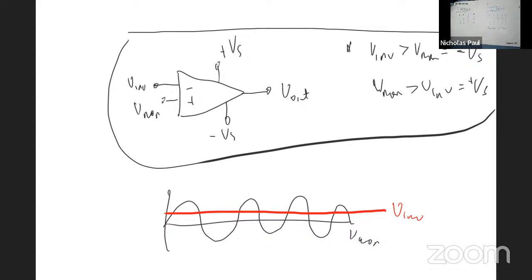This is the most important thing. INV means inverting here, and NON is non-inverting.